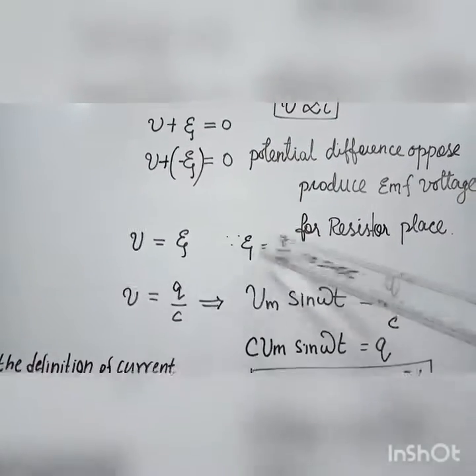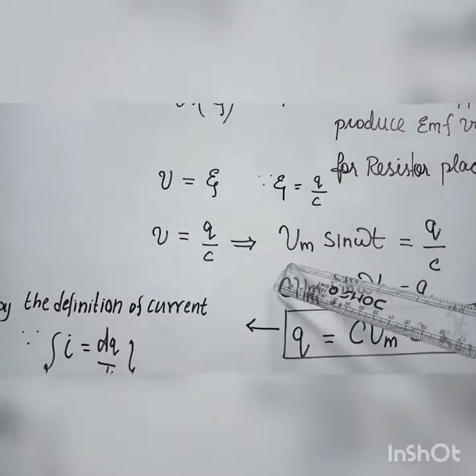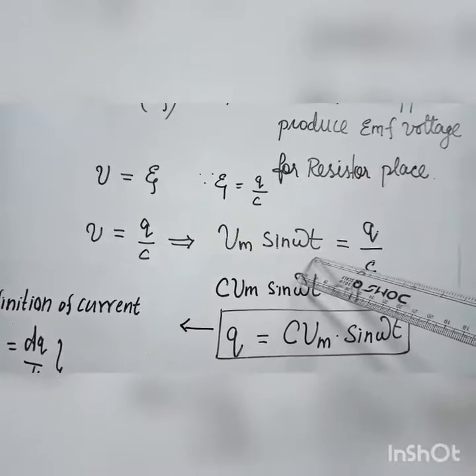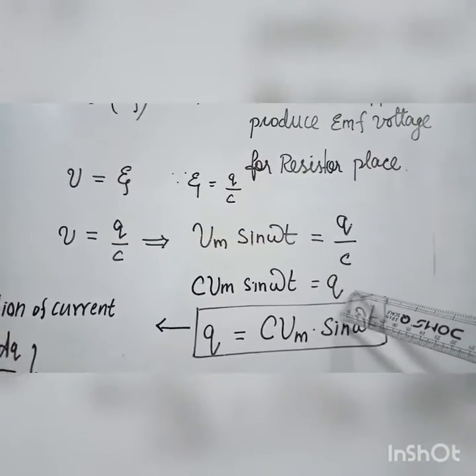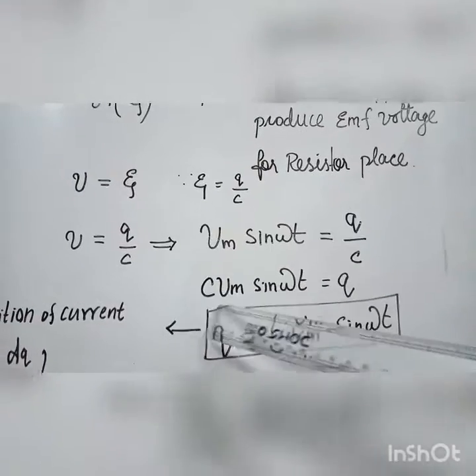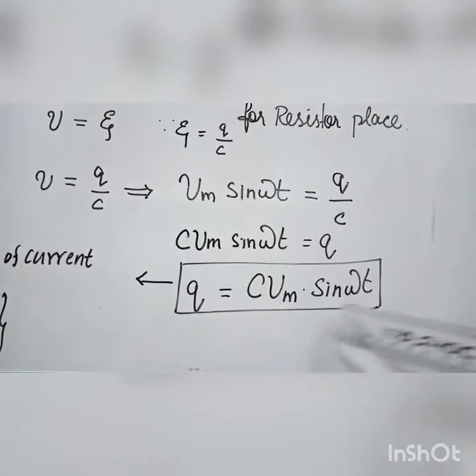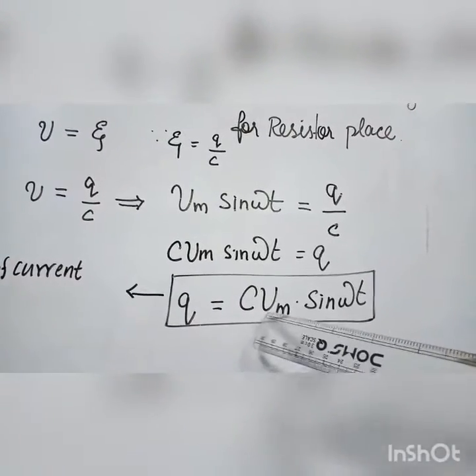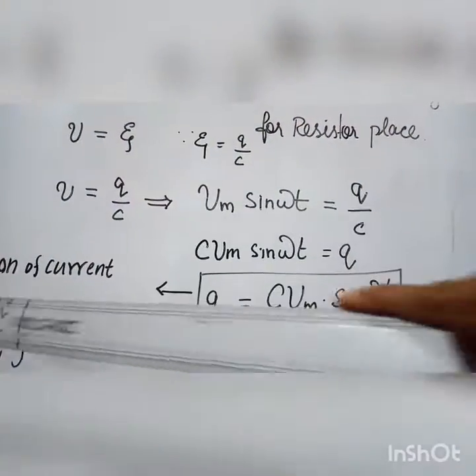Substituting the value of E as Q by C, V, that is Vm sin omega t, is equal to Q by C. Then Q is equal to C Vm sin omega t. Rearrange this equation. By the definition of current, I is equal to dq by dt.